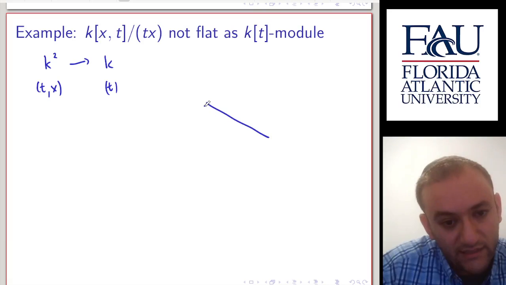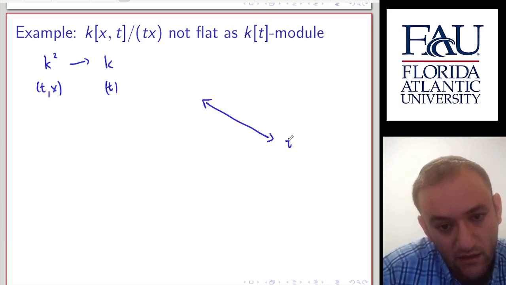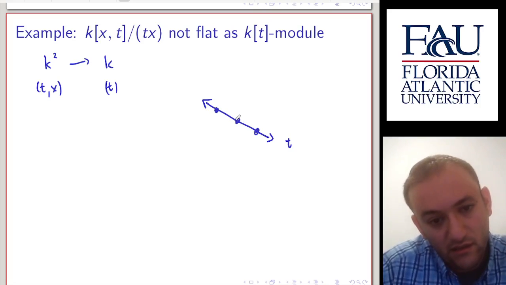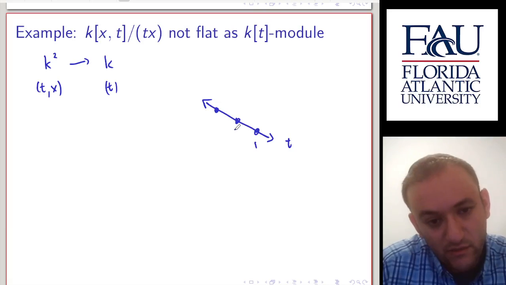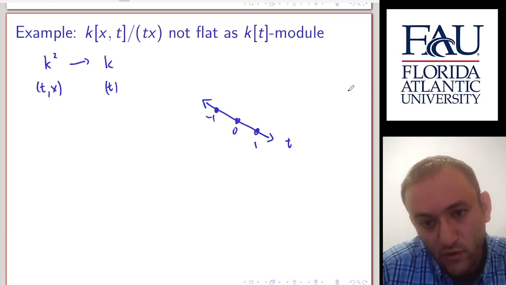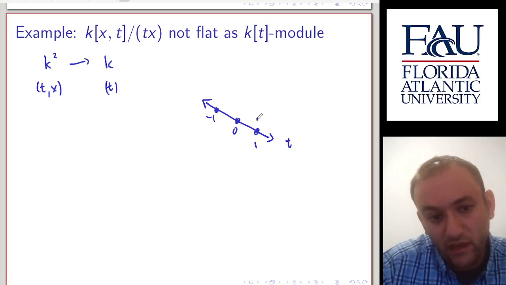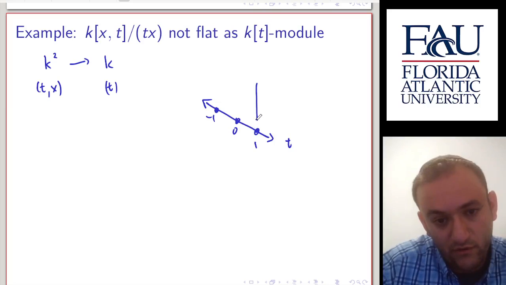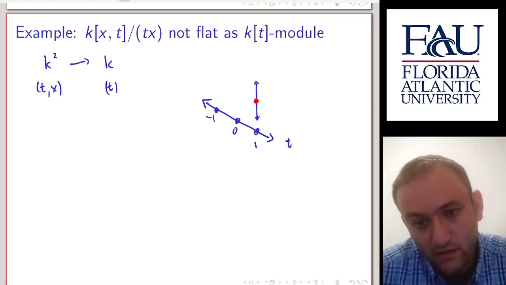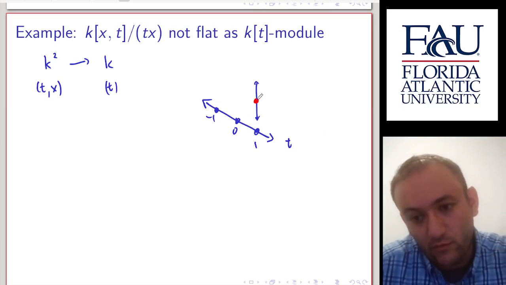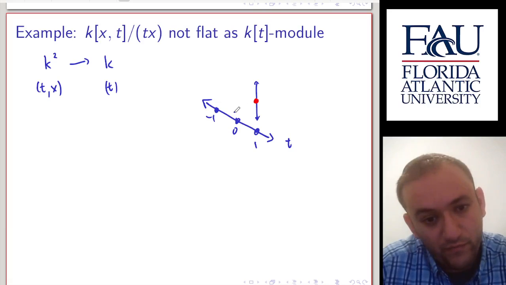So here's my t line. And then let's consider what happens at different fibers. When t is 1, 0, -1, at t equals 1, then we're modding out by x. That's telling me x is equal to 0. So we have a line sitting above each of these, and the fiber of this map is the point where x equals 0.